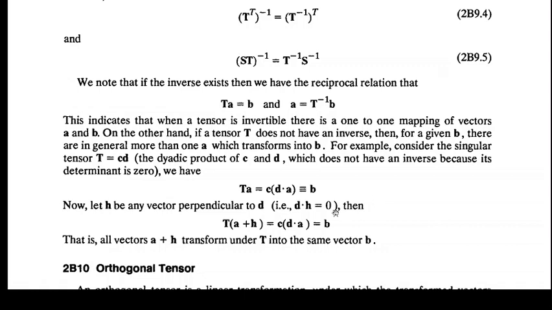And D dot H is 0, so we have C times D dot A. This is again the same B which is written here.